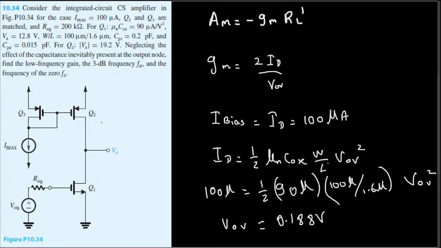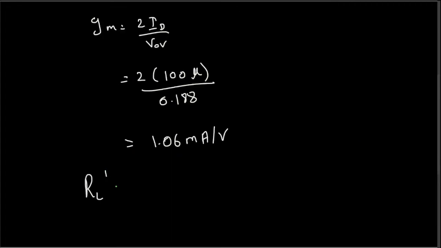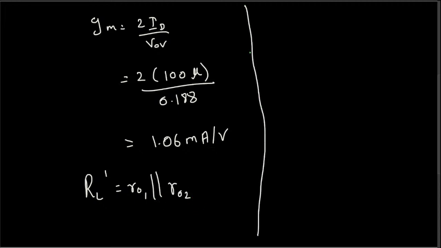The output resistances are going to be RO1 and RO2, and these two are parallel. So the RL prime is going to be RO1 parallel to RO2. Okay, so here let's find out the RO1 and RO2.